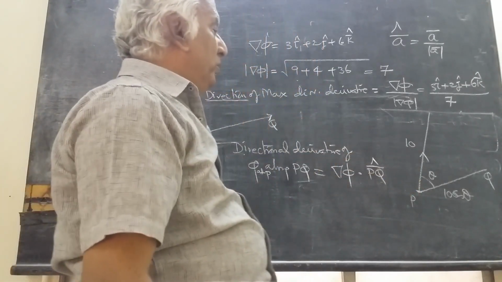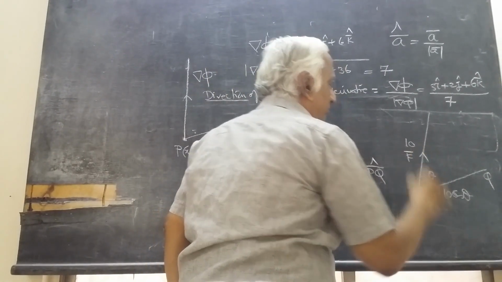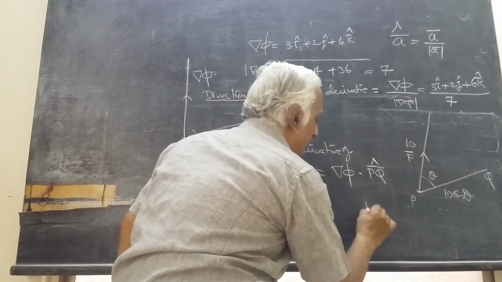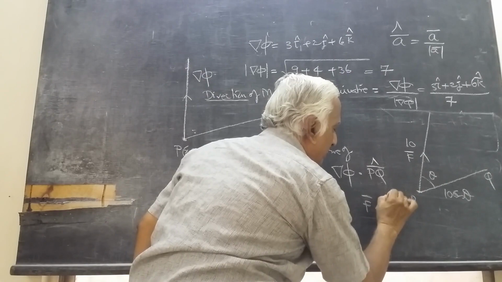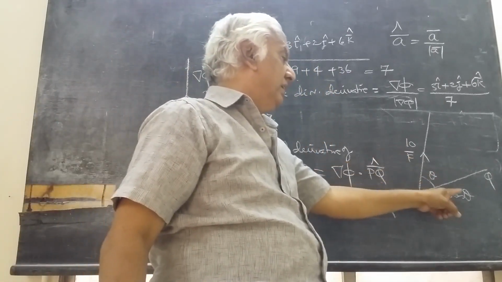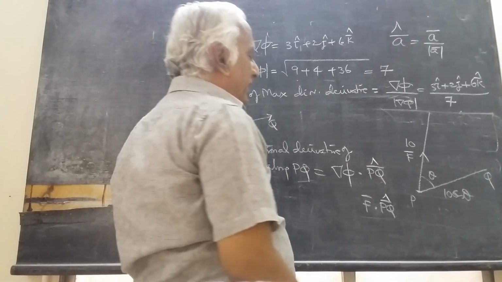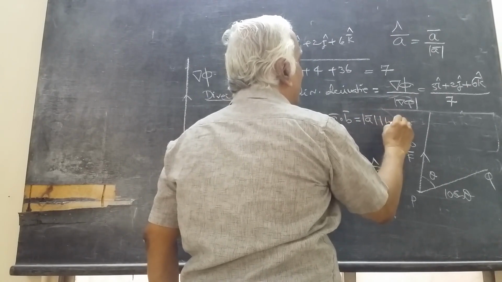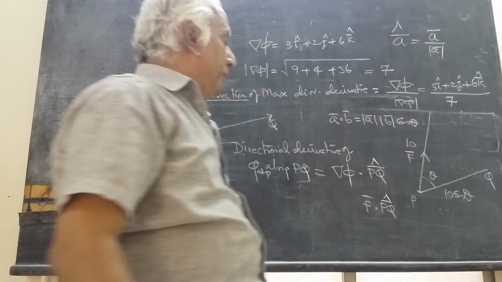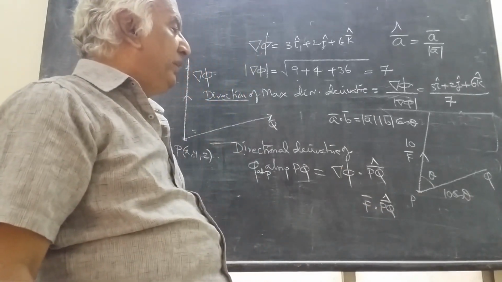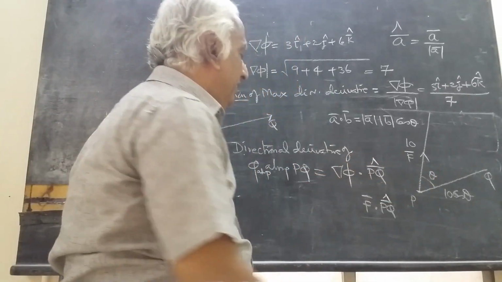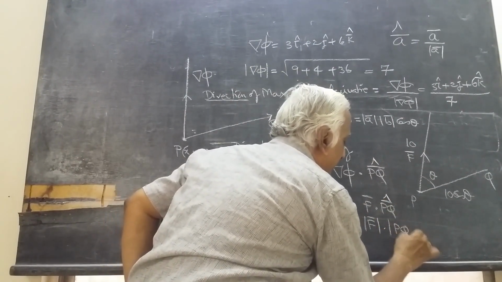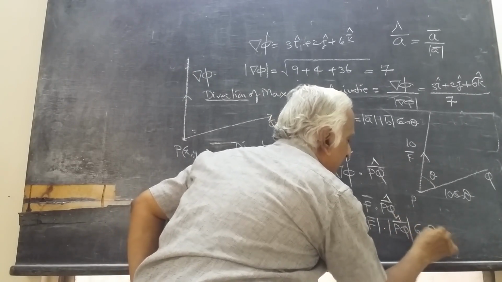Now, in vectors, this is the force F bar. In the direction I want the component. What we do is F bar dot PQ unit. Now, the dot product definition: A dot B is modulus A times modulus B times cos theta. So F bar dot PQ unit vector is modulus of F, modulus of the PQ unit vector, into cos theta.